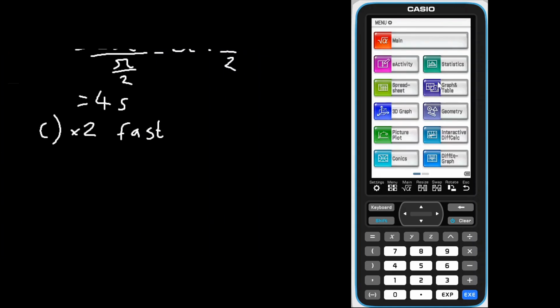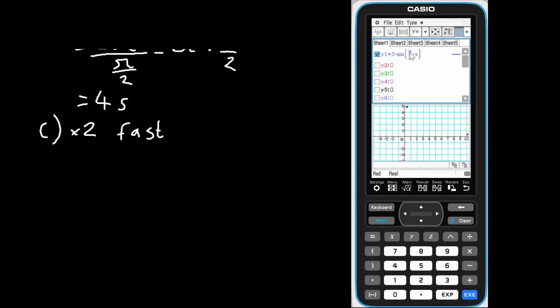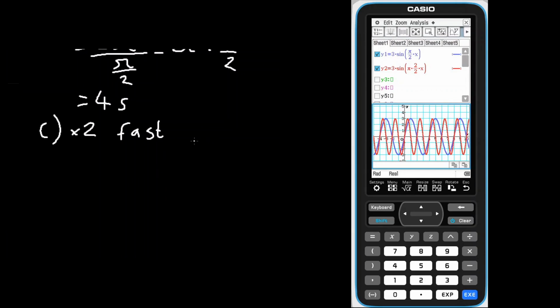Let me go back to the graph and table, and I can plot this one here. If I grab the same values and I just times it by 2, what happens here? It's going to be twice as fast, so it's going to get squished in the x direction. It completes twice as many in there. So if you're wanting the frequency to go twice as fast, you have to double that value of b.